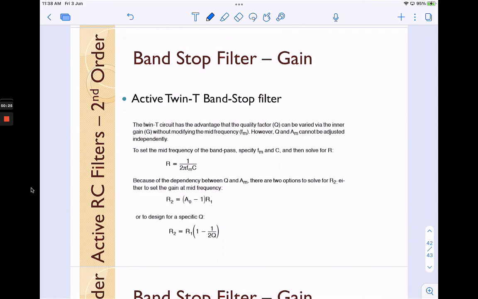So the circuit has the advantage that the quality factor Q can be varied with the inner gain G without modifying the mid frequency.